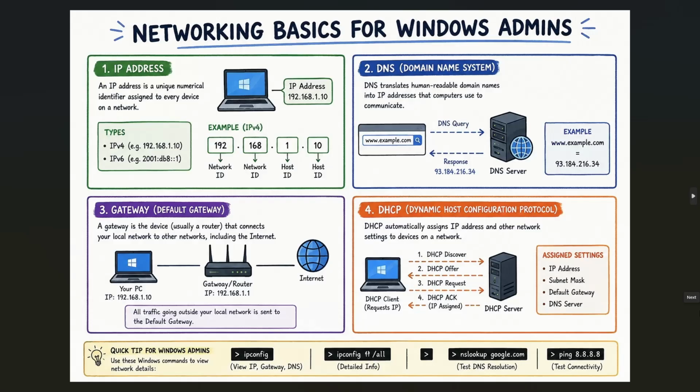The test 1 device will have something like, say for example, 192.168.1.10, right? And the other device, test 2, will have something like 192.168.1.11 or maybe 12 or 13, but it will not be the same, right? So the IP address is assigned to every device and it is unique.